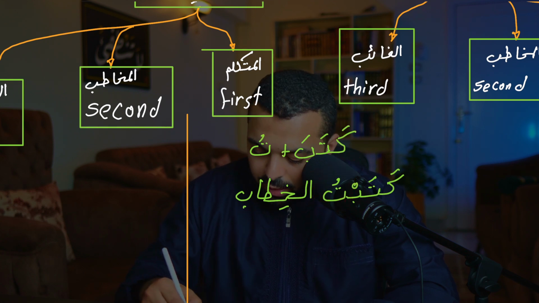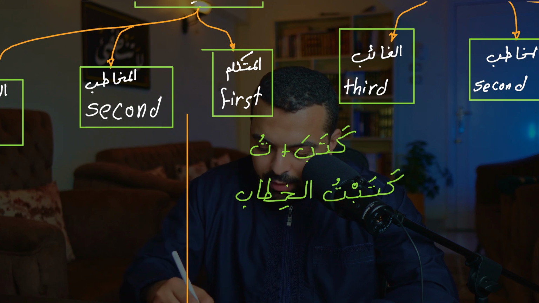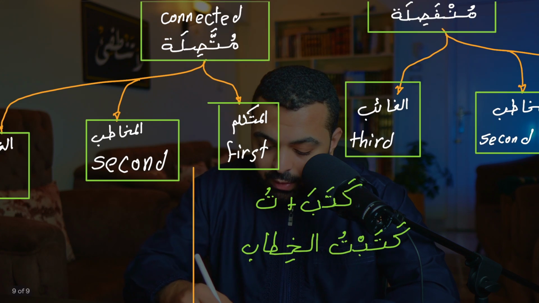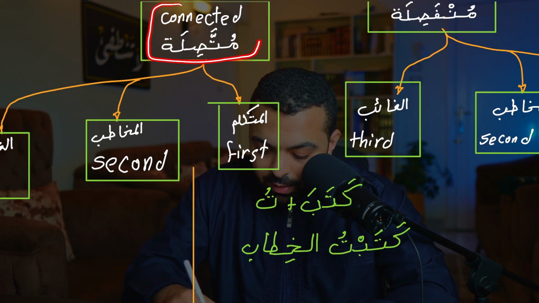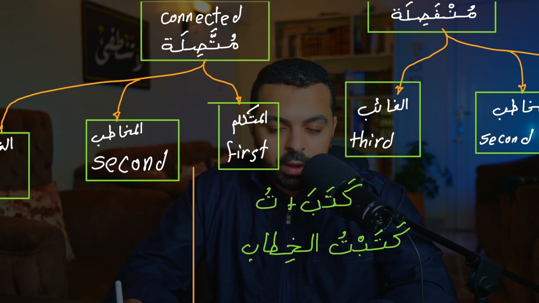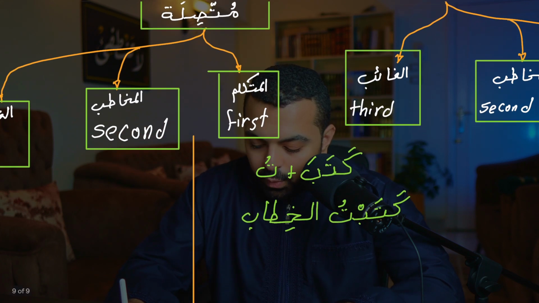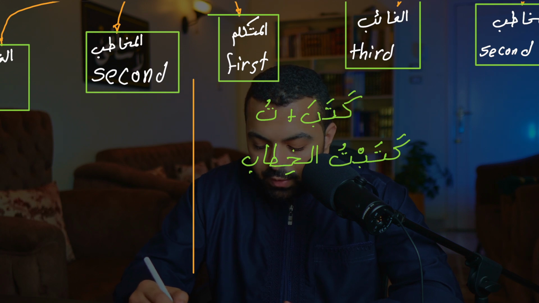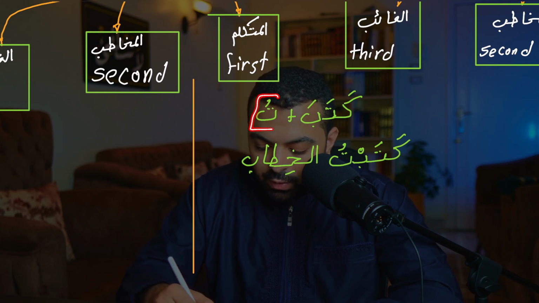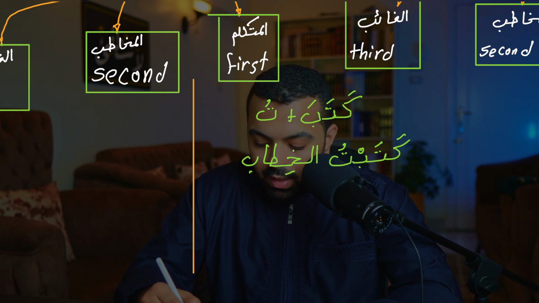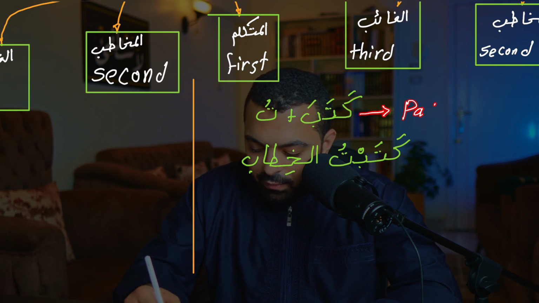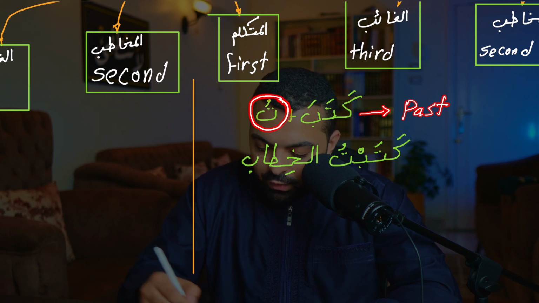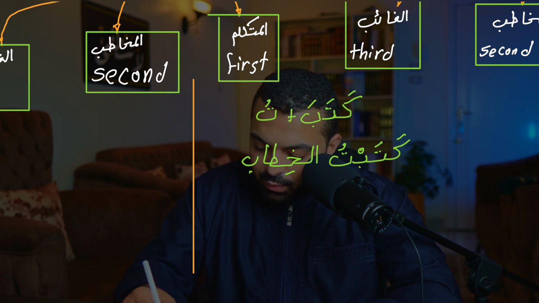When you find it connected, that kind of pronoun is called متصلة. However, remember, we are talking about the pronouns that are connected to verbs, and not any verb, the past tense verb, because that will change from past tense to present.